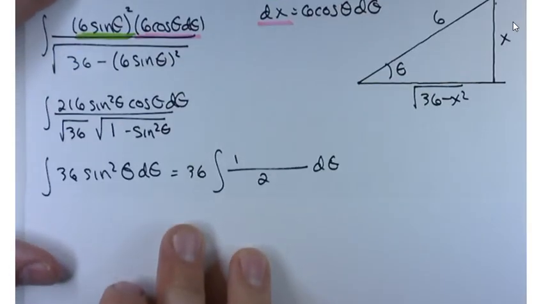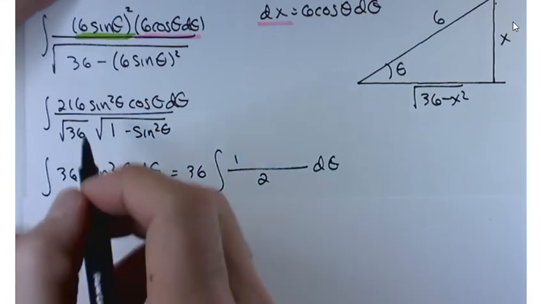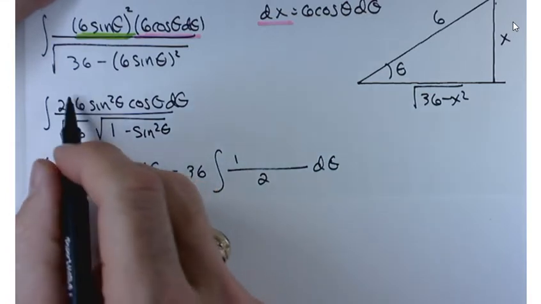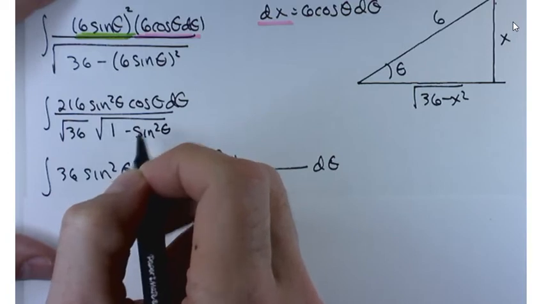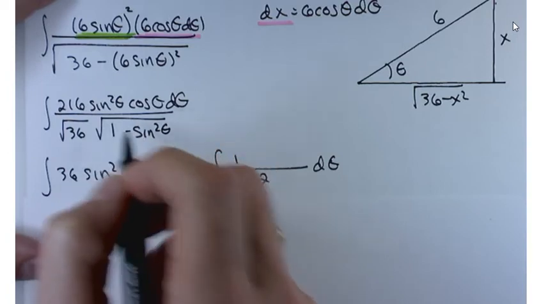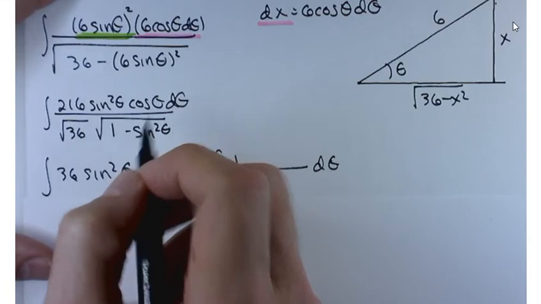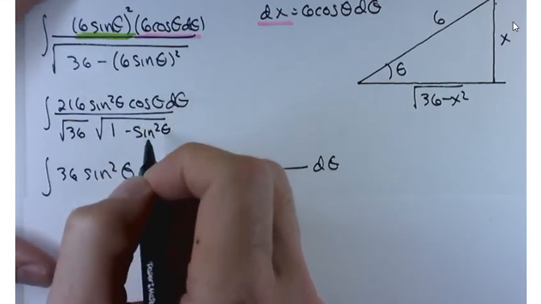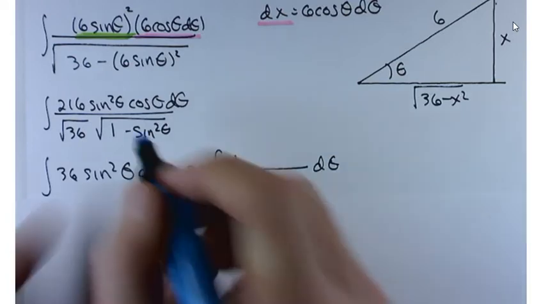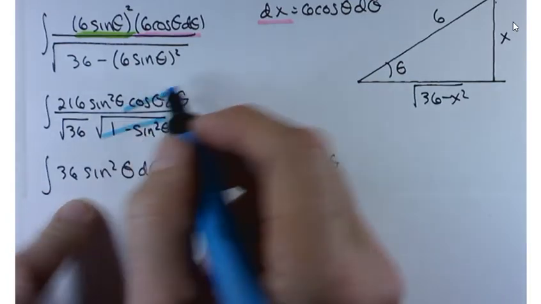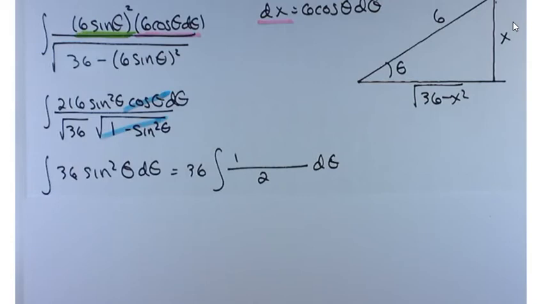Now I gave you a little reminder that sine squared of theta is 1 minus cosine of 2 theta over 2. These are your power reduction formulas from last week. The 2 and the 36 cancel. That gives me 18 times the integral of 1 minus cosine of 2 theta d theta.